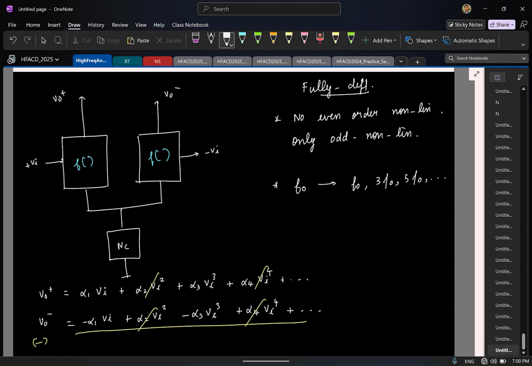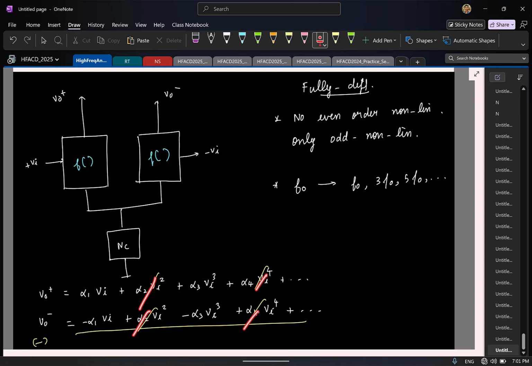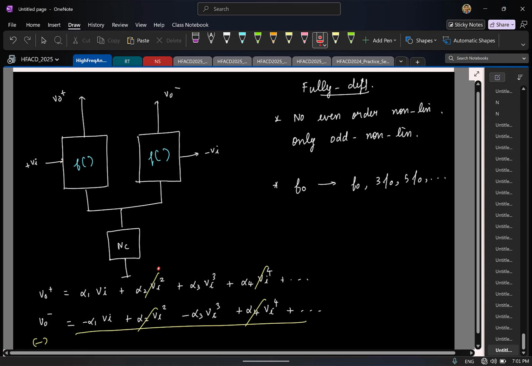Now tell me, do you think in practice the even terms exactly get cancelled like this, or is there something else that might limit the extent to which the terms get cancelled? Mismatch. Here I assumed that the two halves are completely identical, but as you already know, there is going to be mismatch. So in practice, they don't exactly get cancelled.